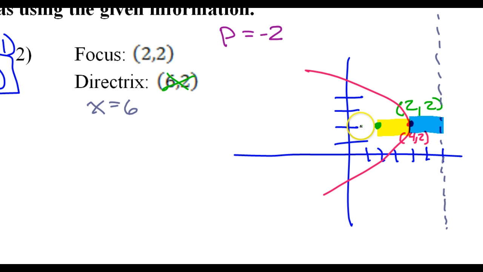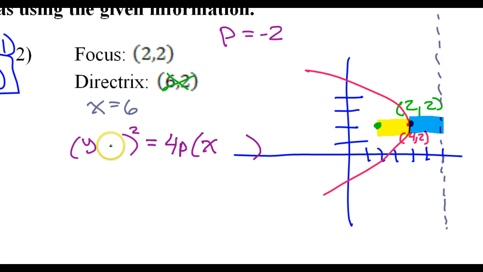Because this is sideways, I had to choose between x squared or y squared. The sideways ones are the ones where we have y squared. So it's going to be y squared is equal to 4p times x.